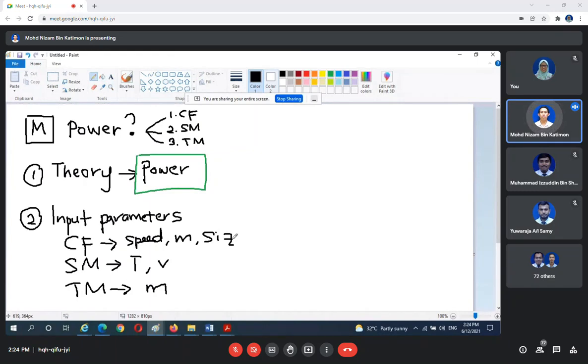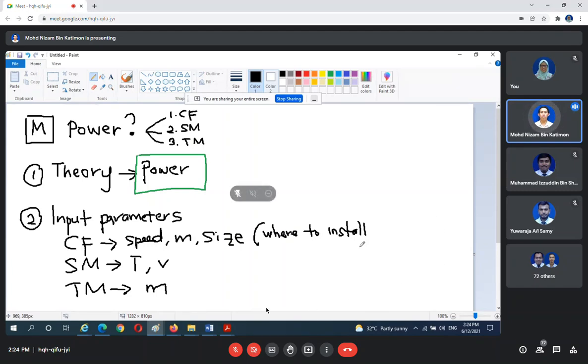For the ceiling fan, the focus is you have to know where to install it. For example, if you want to install it in a factory, what is the size of the factory?